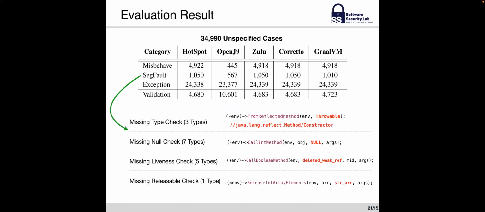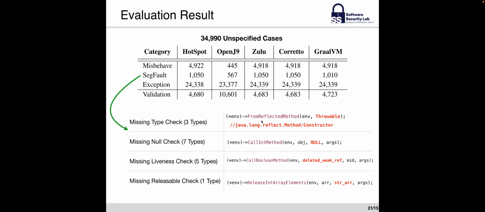We also studied which cases trigger the segmentation fault on JVMs. There were a total of 4 cases shown here. Missing type check is where incorrect types of values or objects are used.